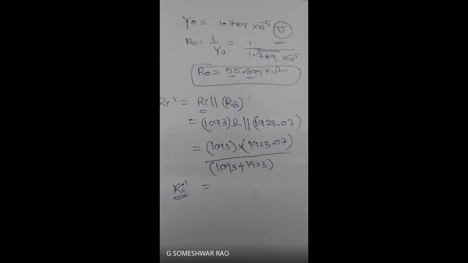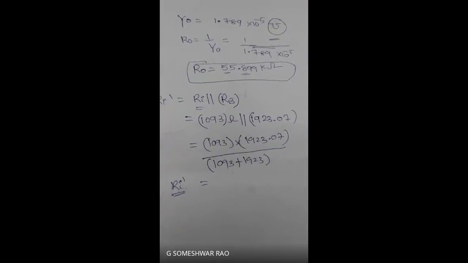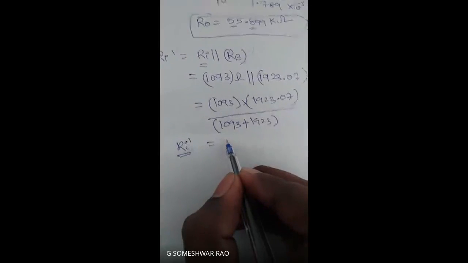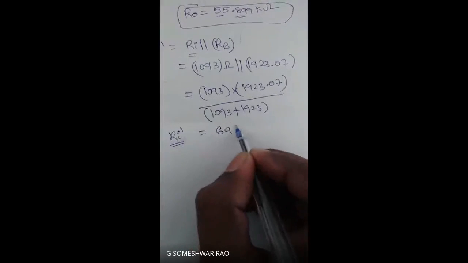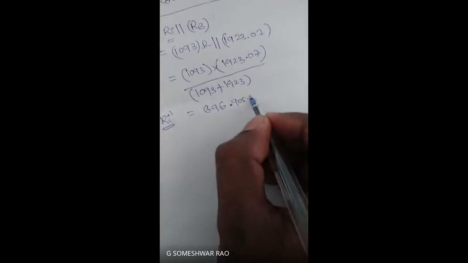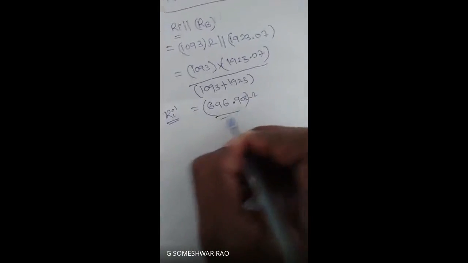Please tell me what is the value. 696.905 ohms. Very good. So this is Ri dash.